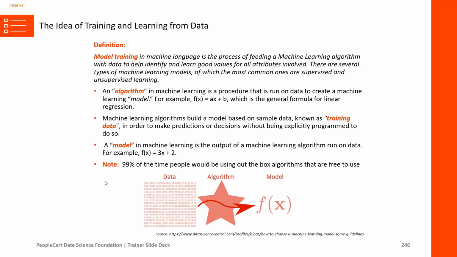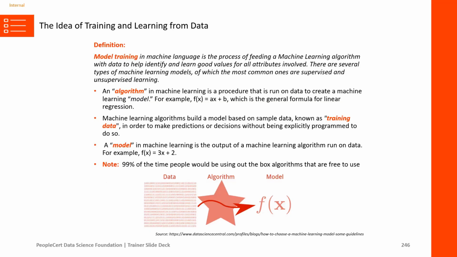So hence, your algorithm can be a linear regression, it can be a bivariate regression, it can be a classification algorithm. There can be multiple types of algorithm, but the model is derived as the output of your machine learning algorithm when data runs on that algorithm.